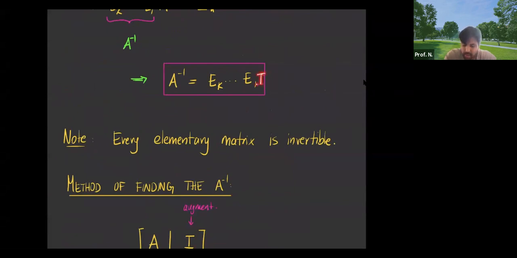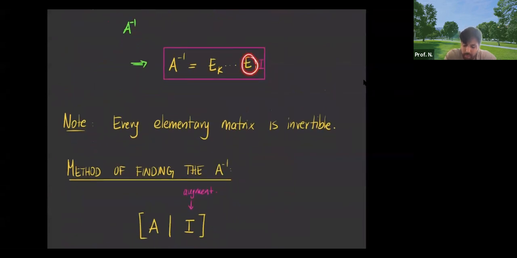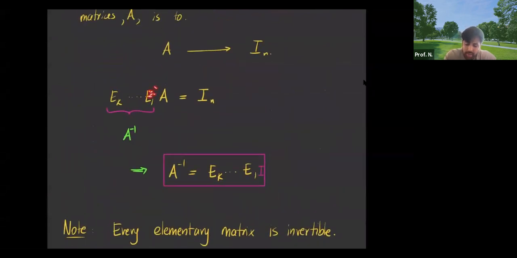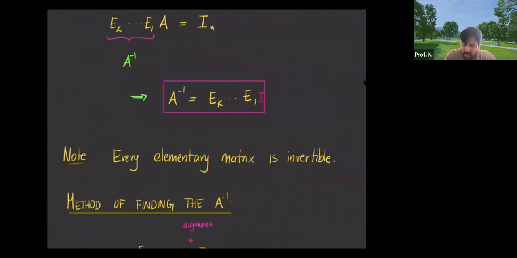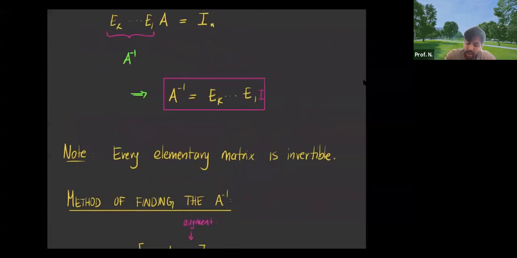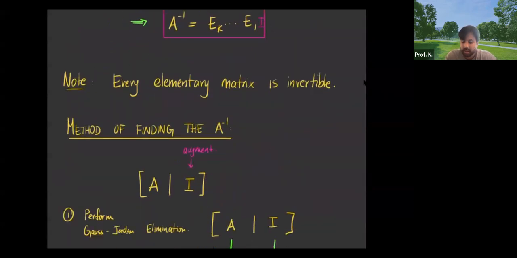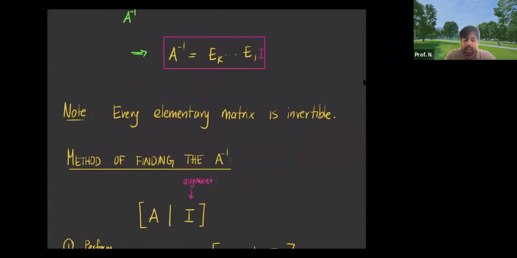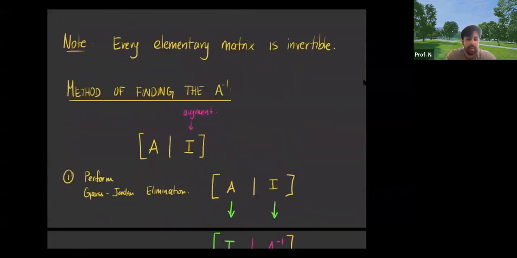So when I apply these row operations to A, I get I. So I'm expecting I to appear on this side of the matrix, and on the other side I get the inverse. The inverse pops up because when I multiply I by these indicated elementary matrices, the result gives me the inverse. And that's how we find it.